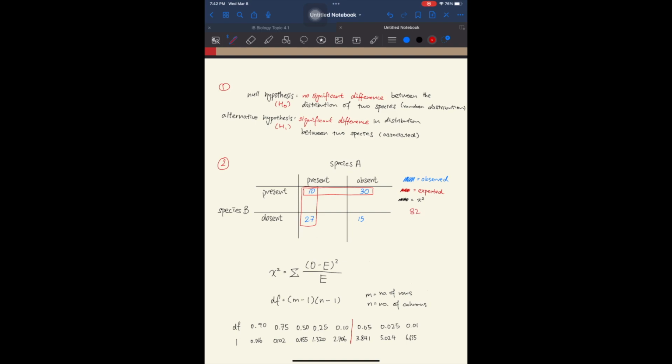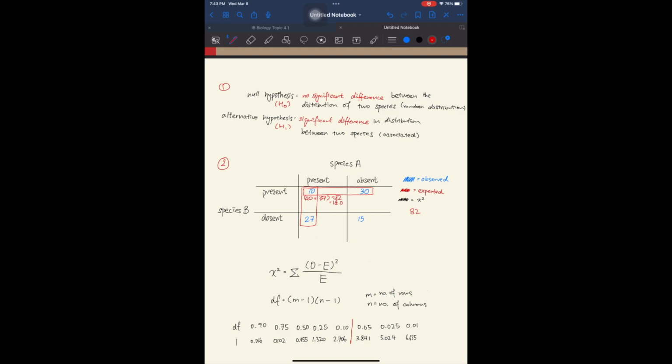So to calculate the expected values, I'm just going to do one example. For the first one, it would be 40 multiplied by 37 divided by 82, which would equal 18.0.